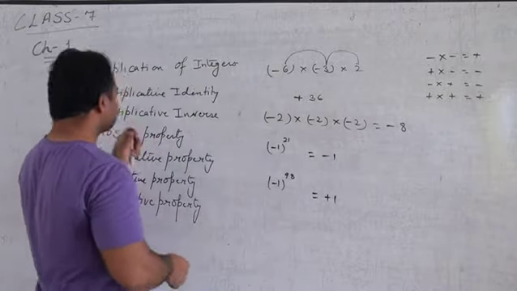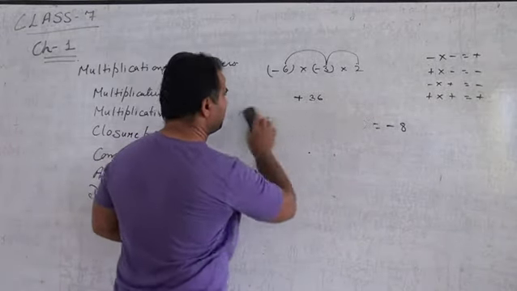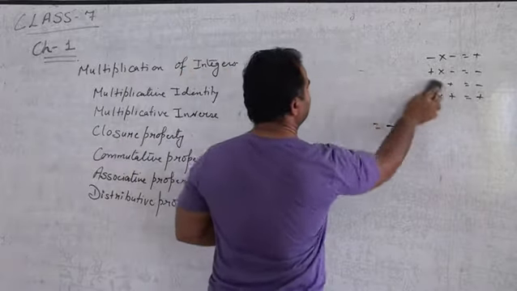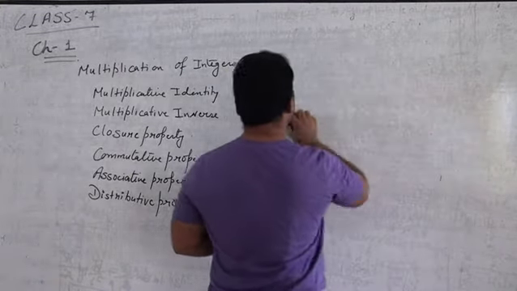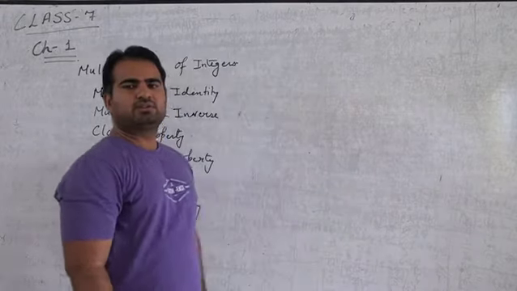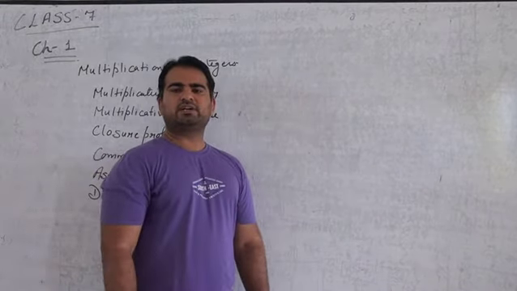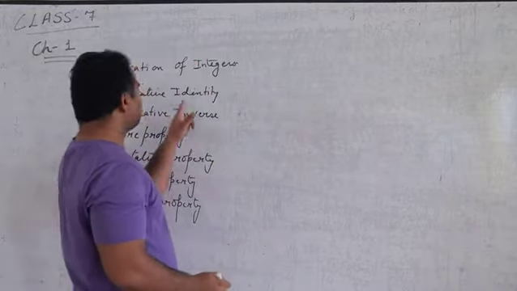The second topic is multiplicative identity. What was additive identity? By what number it should be added so that it doesn't change. And what is multiplicative identity?